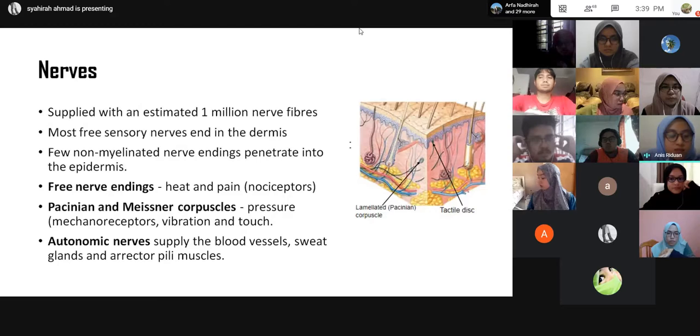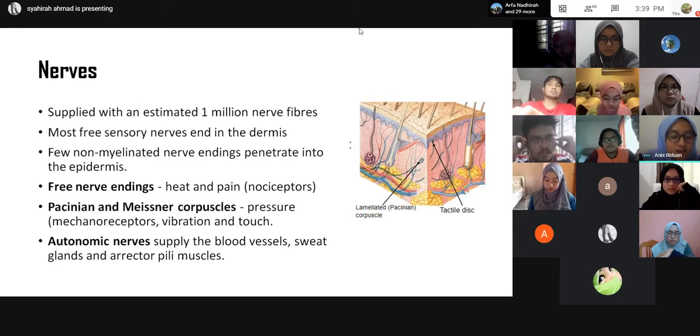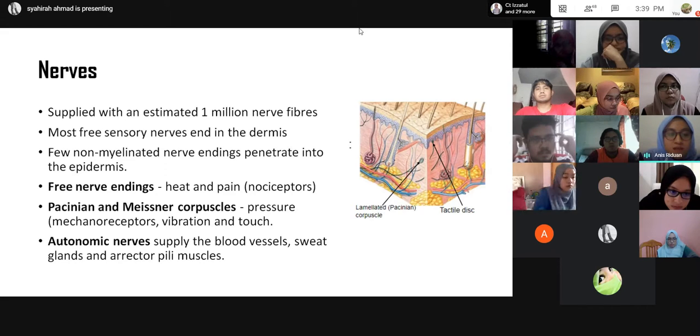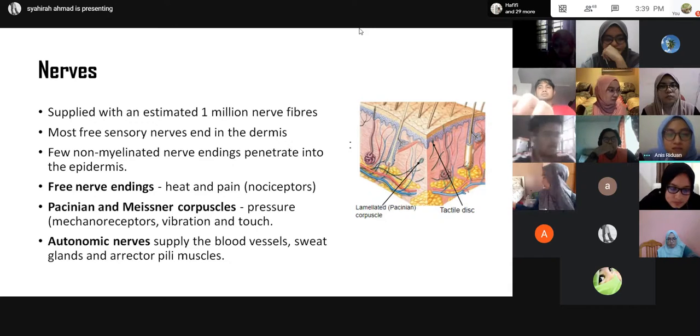The next one is the Pacinian and Meissner corpuscles, which register information from the skin caused by pressure, as well as vibration and touch. And lastly, the autonomic nerve supply of the blood vessels, sweat glands, and erector pili muscles.